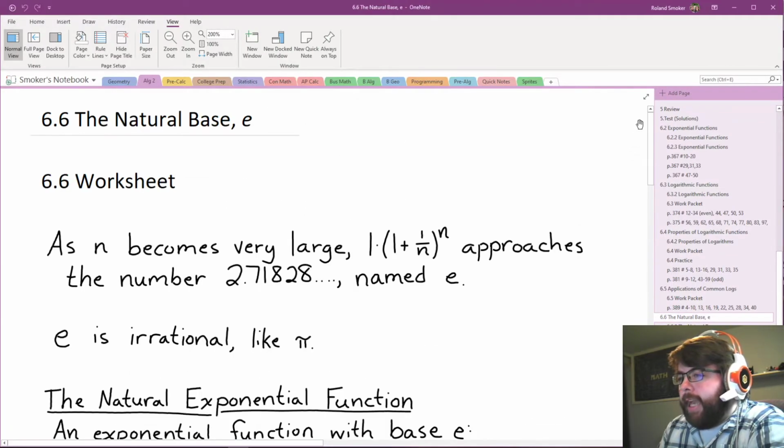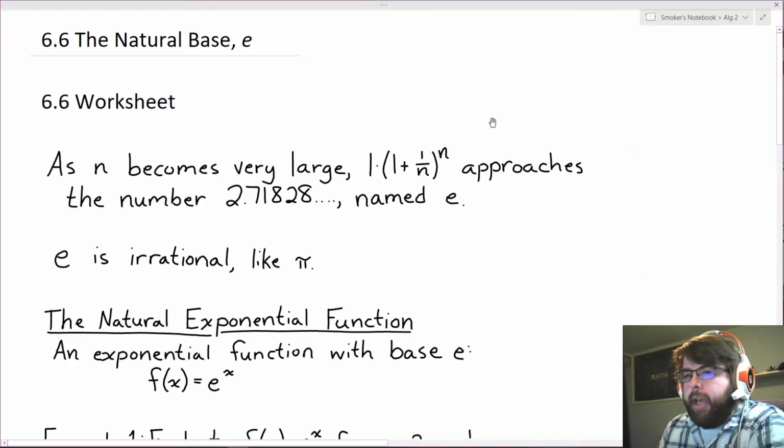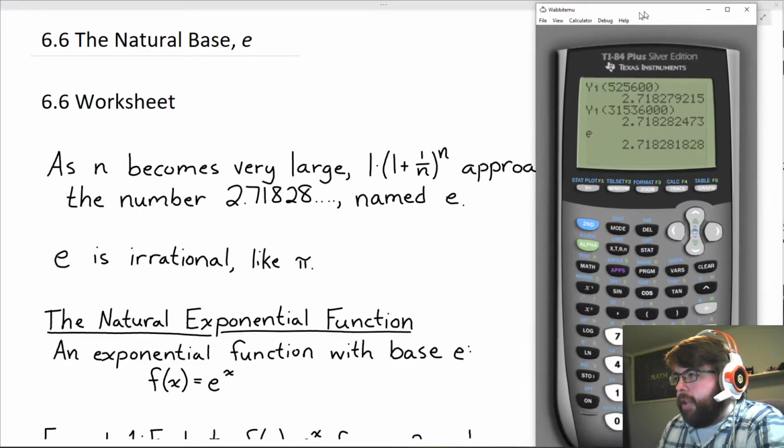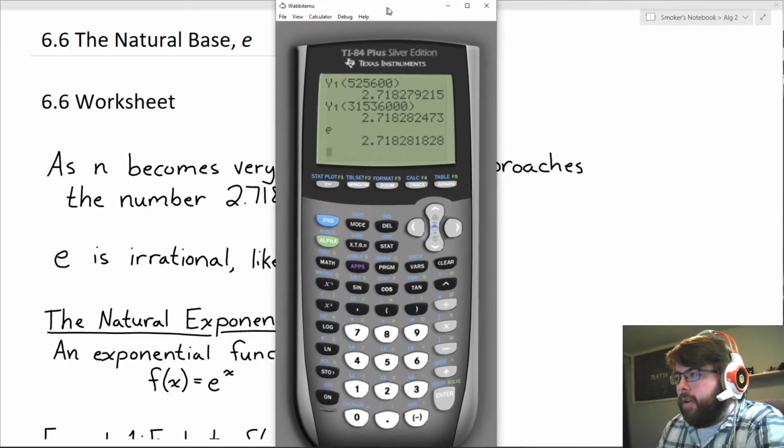So now I'm going to go to the actual notes. This is what we just discovered: as n becomes very large, the compounding interest formula approaches this number, which we call e. I maybe did it a little fast, and you probably couldn't see it because of the window.